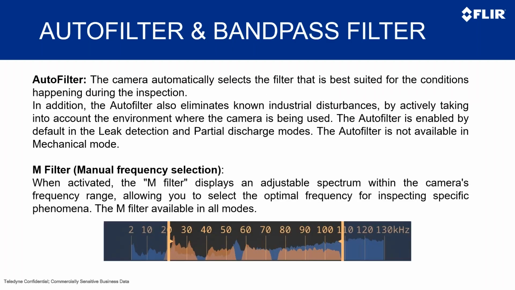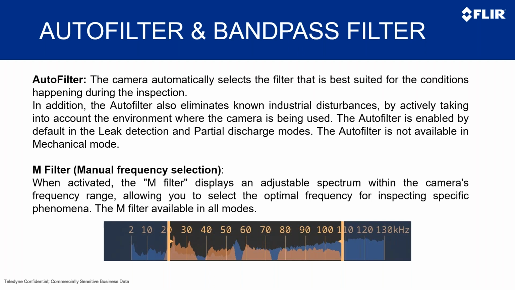So as I said, even though we have different filters that give some kind of manual independence to the users, our two main battle horses for the camera use are auto filter, which clears up everything and focuses on the specific phenomena that the user is looking for. As a reminder, these are partial discharges, leaks, gas compressor leaks, steam leaks, or mechanical faults.